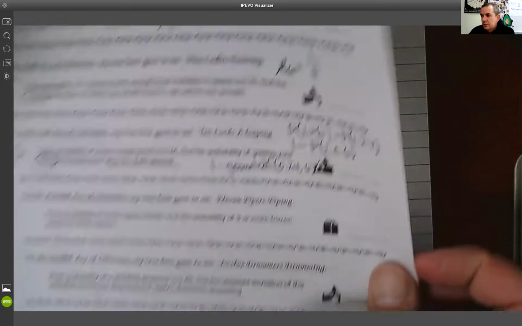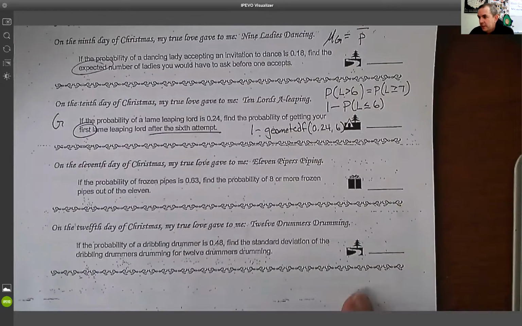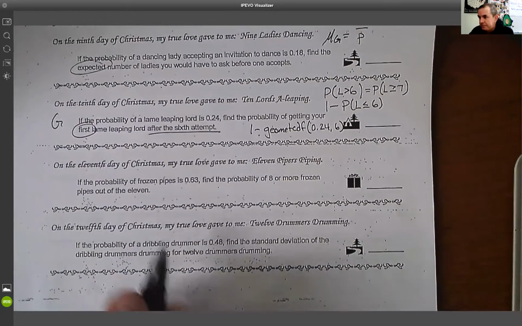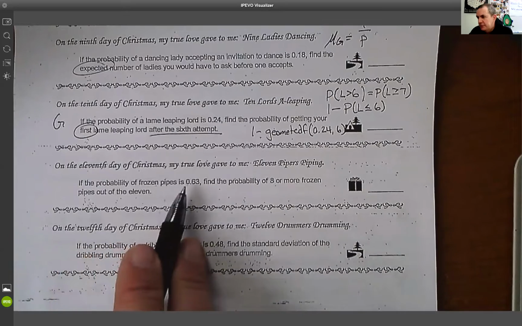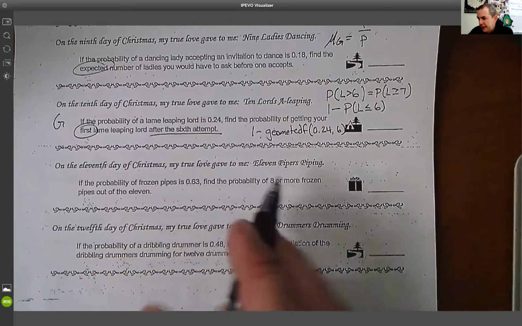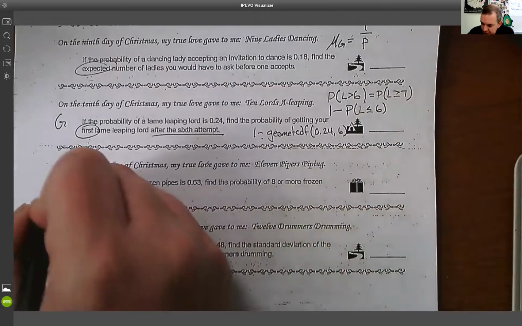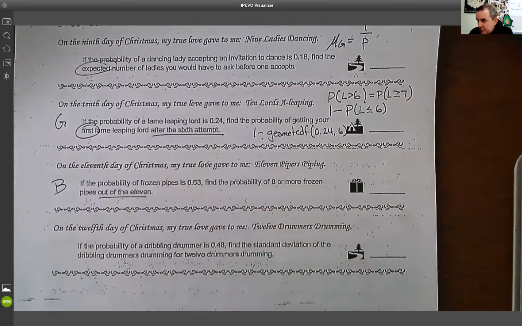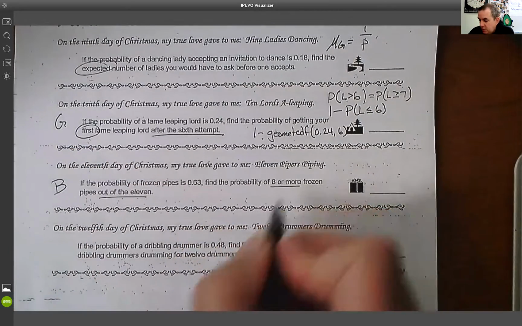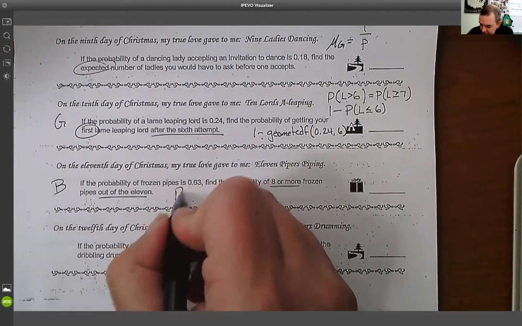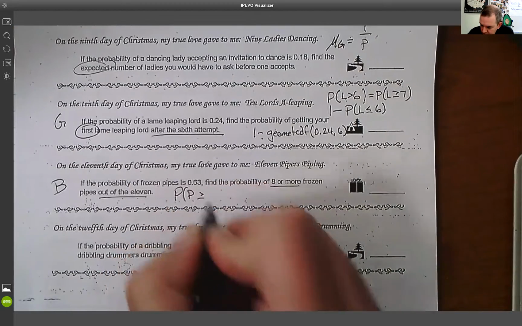Almost done. Where are our pipers piping? If the probability of frozen pipes is 0.63, find the probability of 8 or more frozen pipes out of 11. Again, this is going to be a binomial because we have that fixed number. We're looking at 8 or more, so we're going to say the probability that our pipes are greater than or equal to 8.